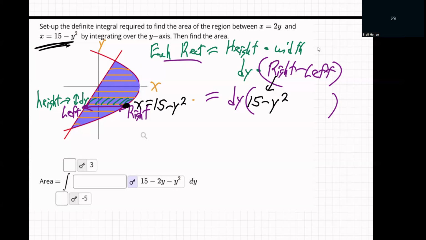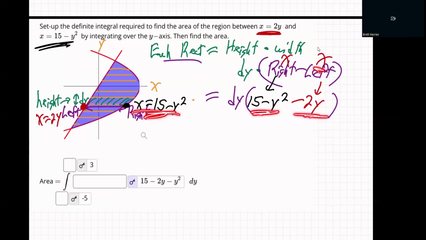What's this left edge over here? Well, that's the other equation, x equals 2y. So that's going to be minus 2y. That's the x value on the right and the x value on the left. So there's the area of each rectangle.